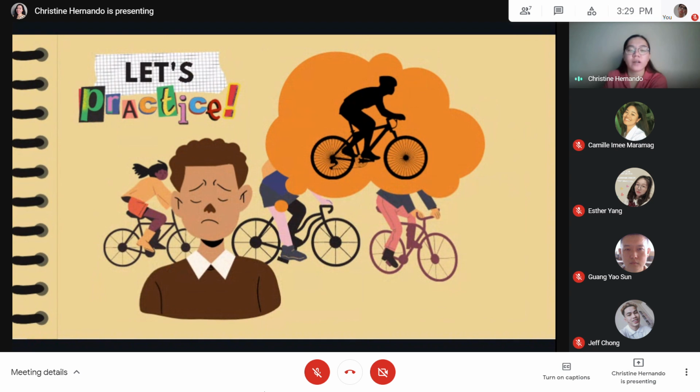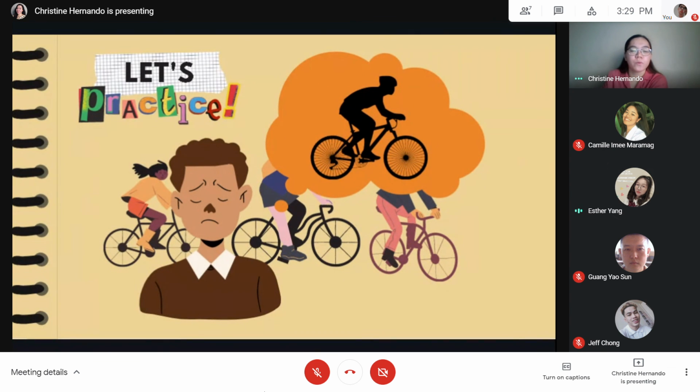How about this one? We have here a boy who seems to be sad and a thought bubble which has a bicycle on it and a boy riding a bicycle. What do you think does this picture imply?